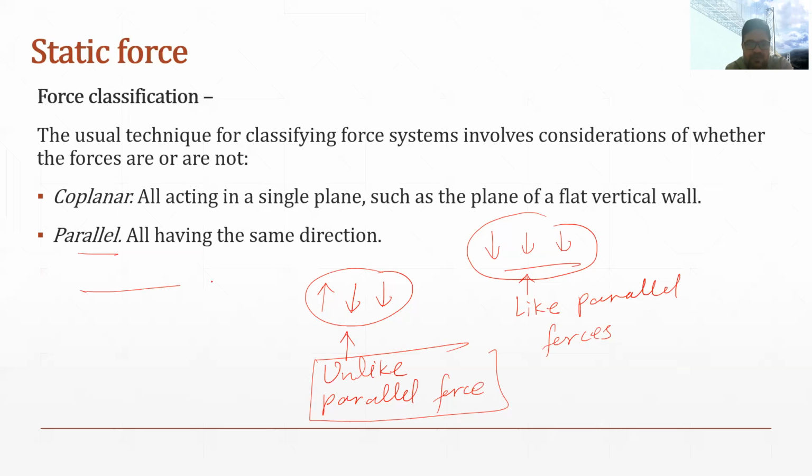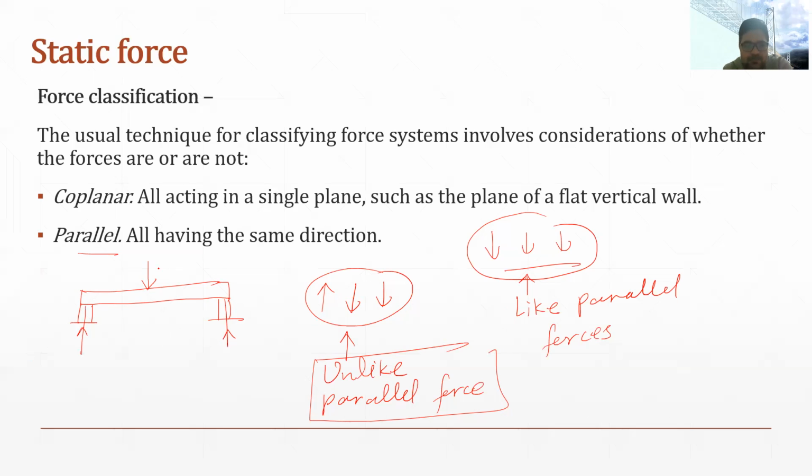For example, if we take the example of this horizontal member resting on the supports, and the horizontal member is experiencing this active force, then because of this active force there will be some reactions.